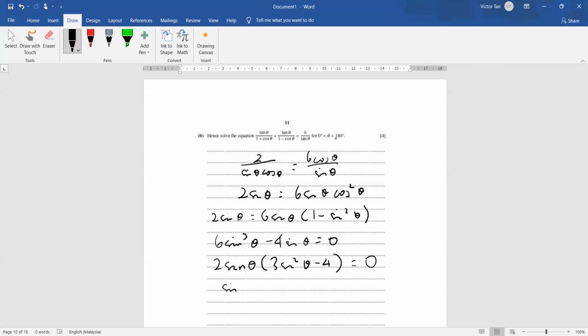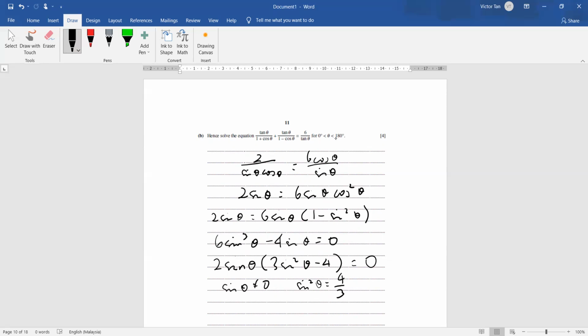So you have sine theta equals 0. Here you get no solution because sine theta is not 0 or 180. The other one is sine square theta equals 4 over 3.